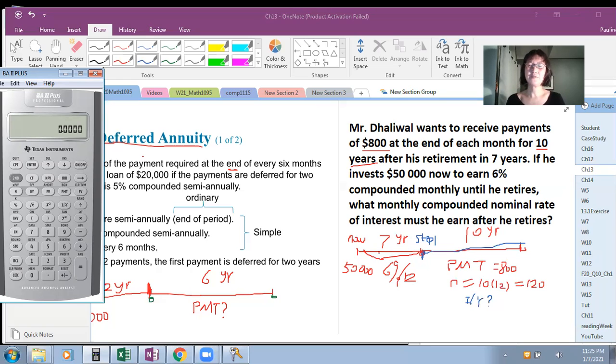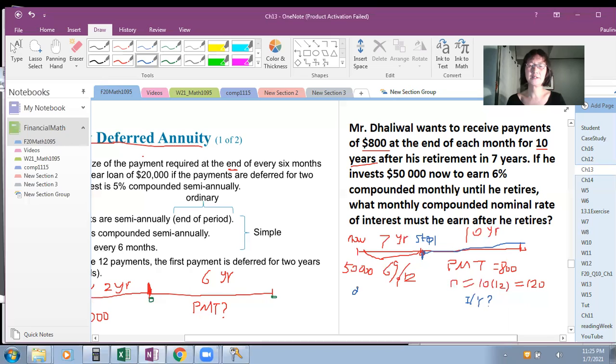For the first 7 years, interest is compounded monthly, so we need to figure out the future value here. N is 12 times 7, which equals 84.